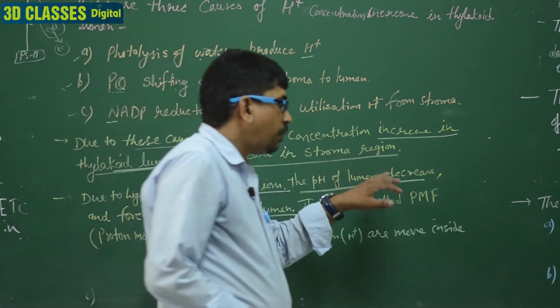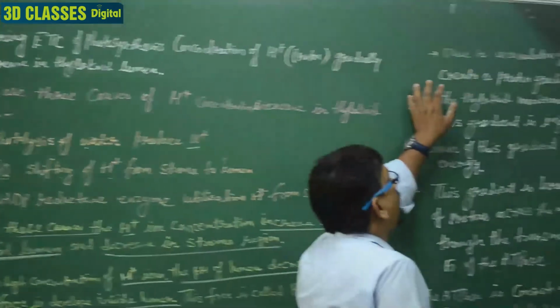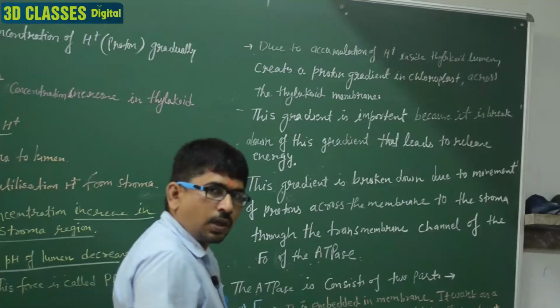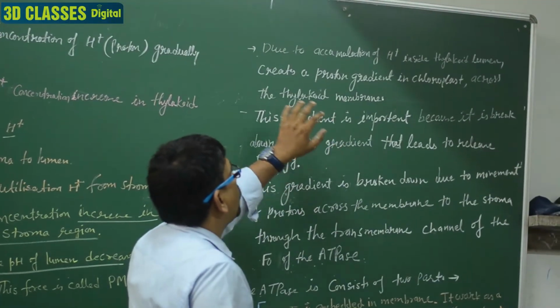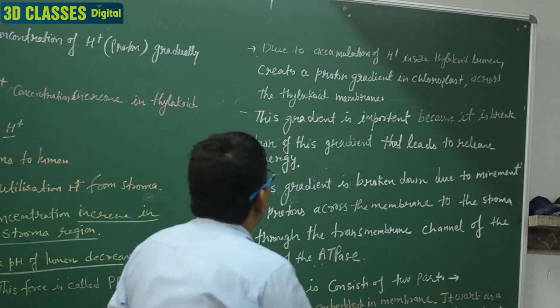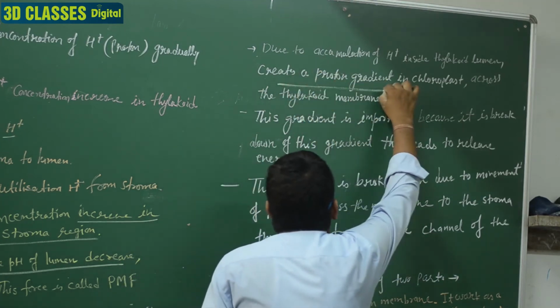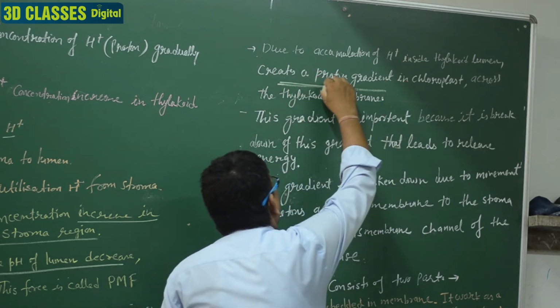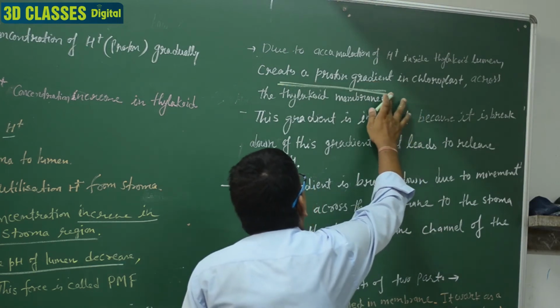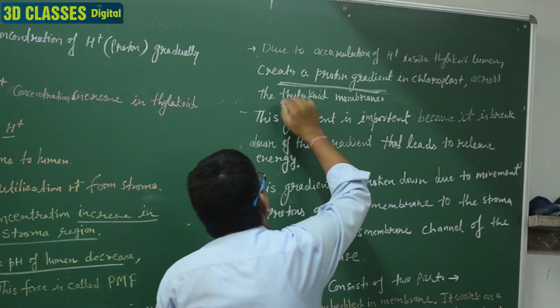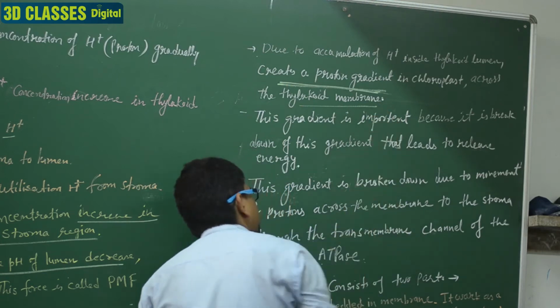Next, let us move ahead. Due to the accumulation of the H plus through the lumen, a proton gradient is created. This is a very important thing: a proton gradient is created in the chloroplast across the thylakoid membrane.